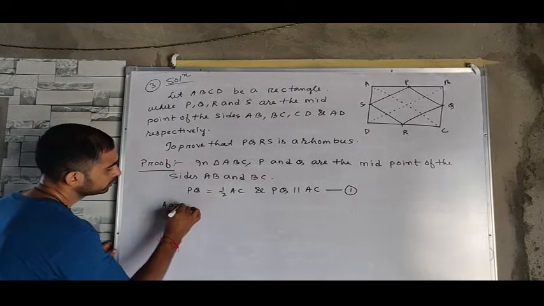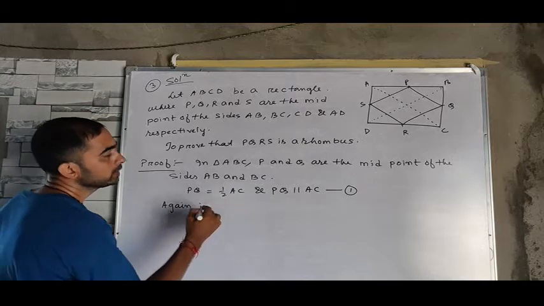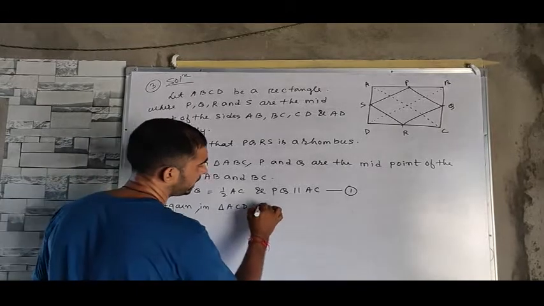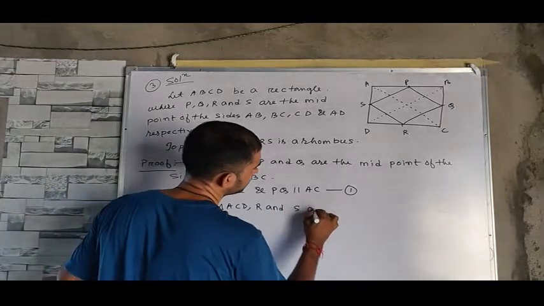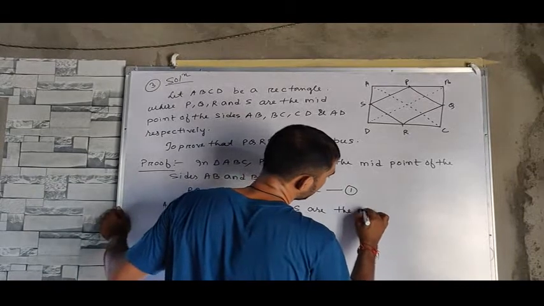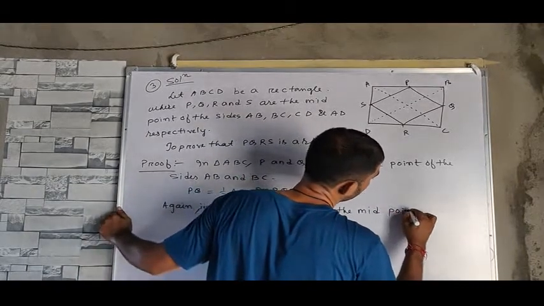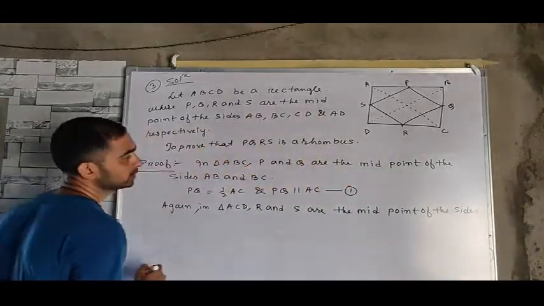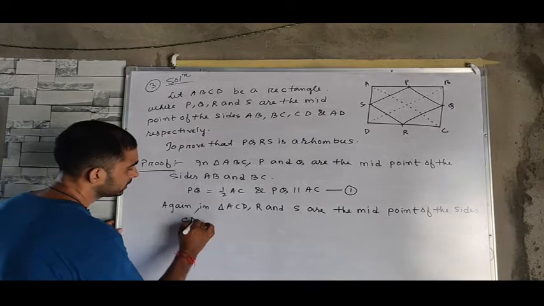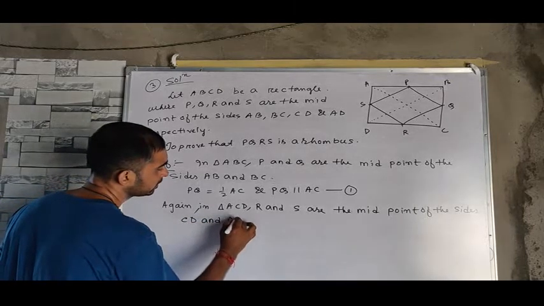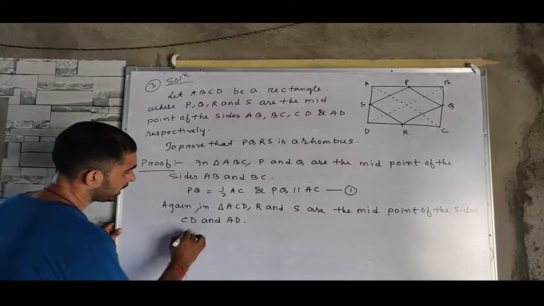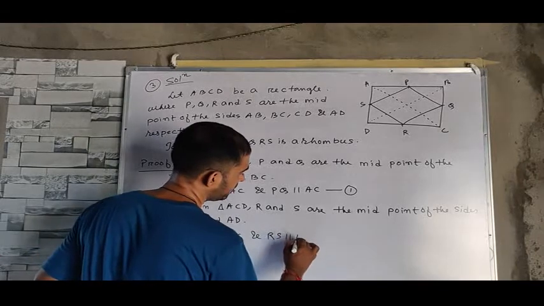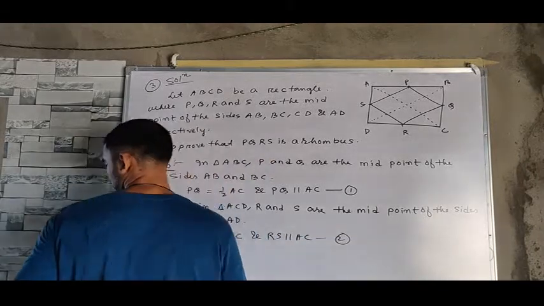Again, in triangle ACD, R and S are the midpoints of the sides CD and AD. Therefore, RS is equal to half AC and RS is parallel to AC. This is equation number 2.